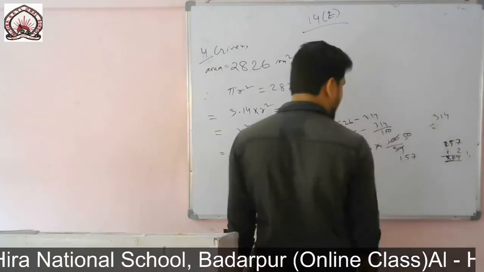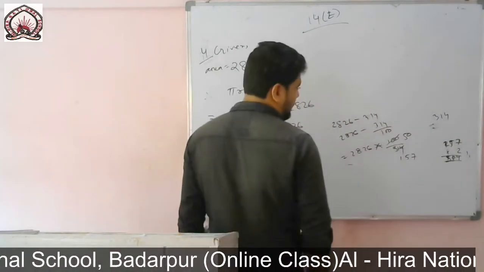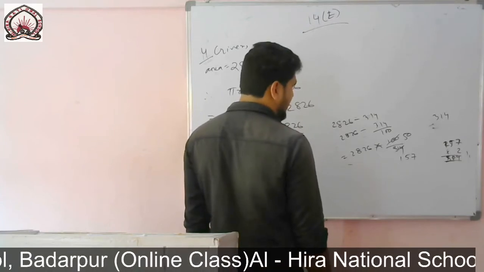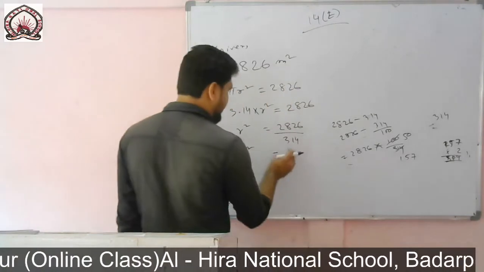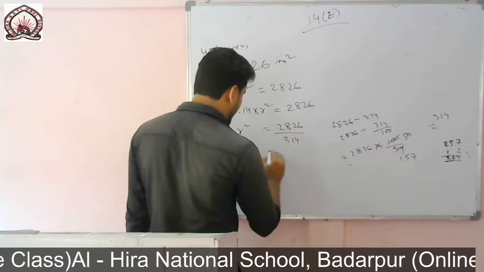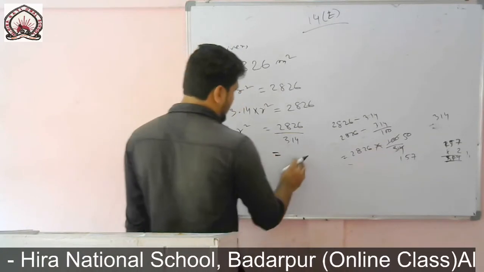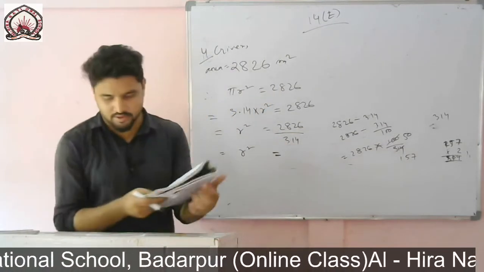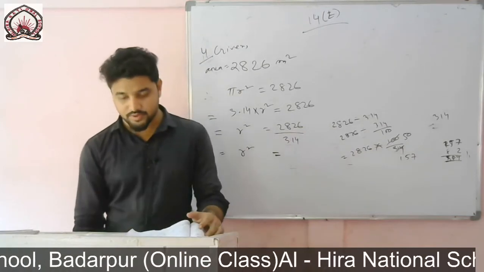We are getting 314. Now let us cancel. You just divide, then you will get the answer.